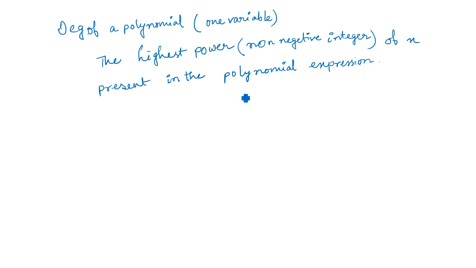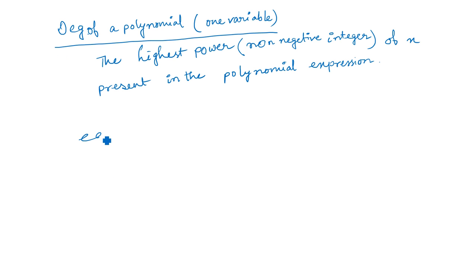That is, the maximum power for which its coefficient is non-zero will be the highest power, and that will be present in the polynomial expression. So this is our definition of the degree of a polynomial.